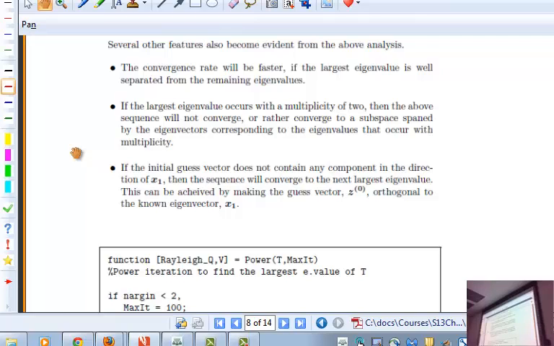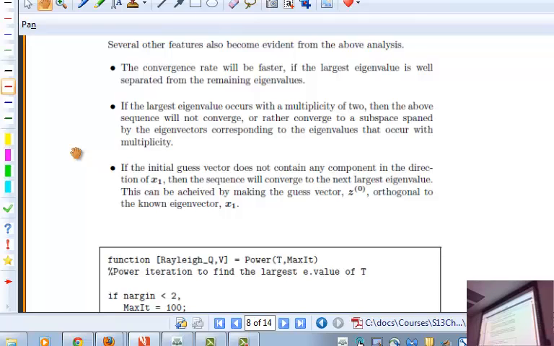Whereas if lambda 2 over lambda 1 is 0.3, then you just exponentiate it 4 times, 5 times, and you're going to drive it to 0. So the convergence rate will be fast if the eigenvalues are well separated from the remaining ones.